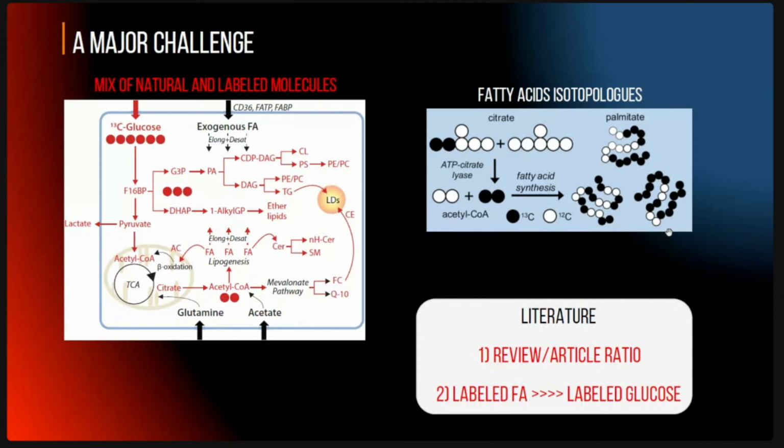That means you have a bunch of reviews and few articles showing real data. The other thing we figured out is that most studies use labeled fatty acids far more than labeled glucose, because it is more straightforward to use lipidomics to analyze a labeled fatty acid than glucose.